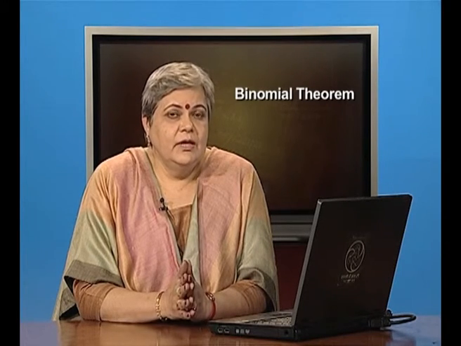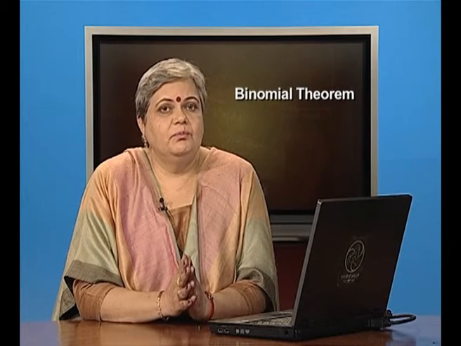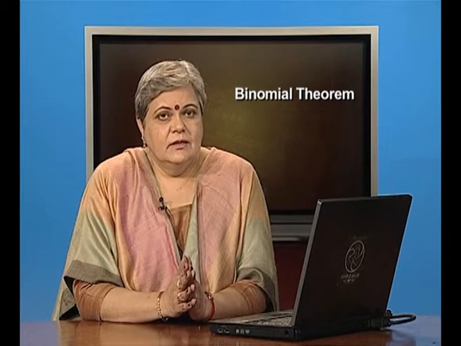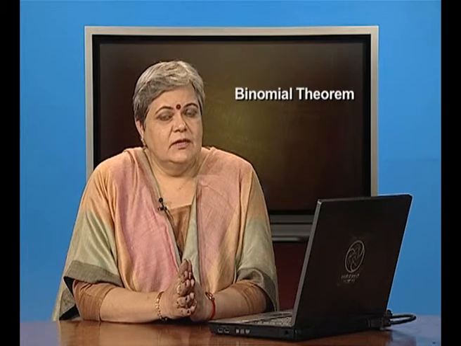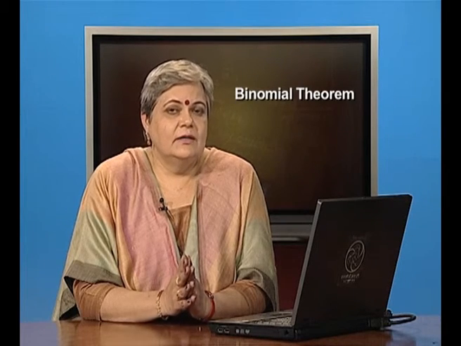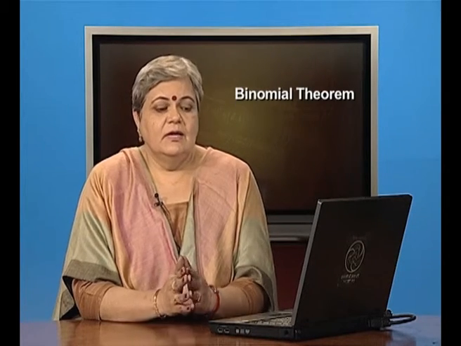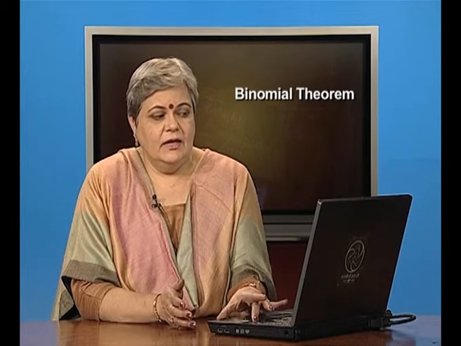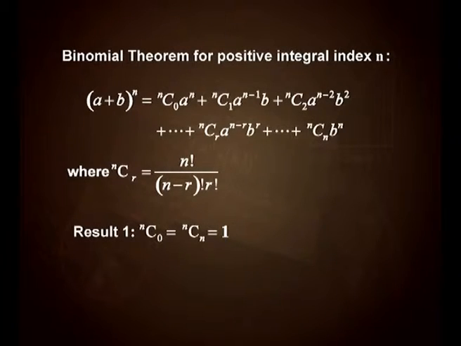Now, today as I said, we will focus on proving the result. The proof of this result depends on two other sub results which suggest that nC0 is equal to nCn is equal to 1. Now, there is nothing new in this result.